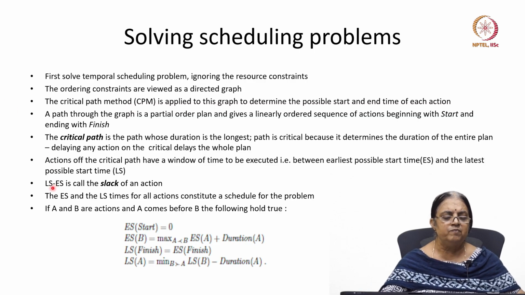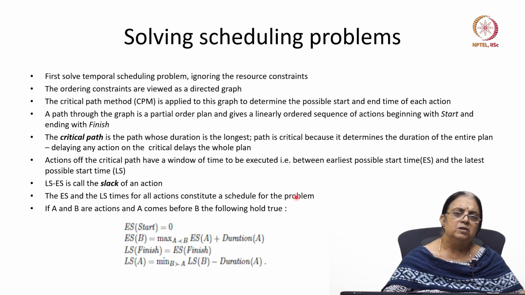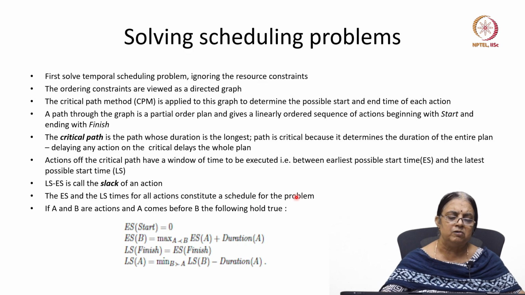So this latest time and the earliest time that you have, the difference between that is the slack for an action. The ES and the LS time for all actions constitute a schedule for the problem. So that gives you the schedule for that particular problem, and we can see that if you take two actions A and B, and action A comes before action B, then all these will hold.